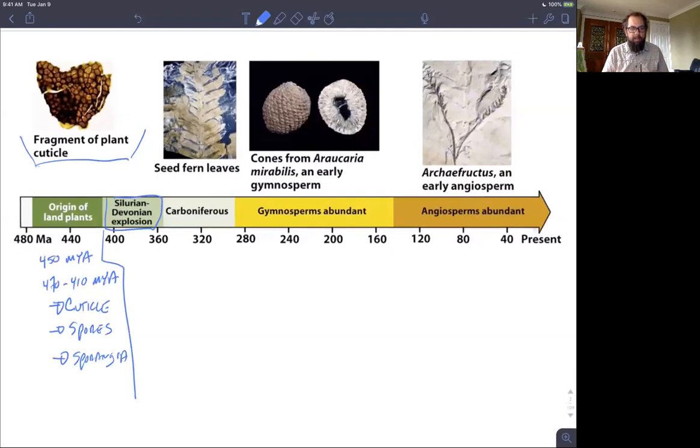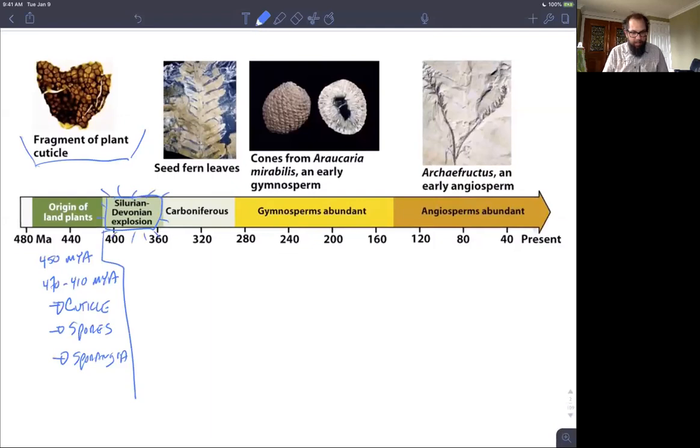I bring this up because what most people haven't heard about at this point is the Silurian-Devonian explosion that happened between 410 and 350 million years ago. This is equivalent to the Cambrian explosion for plants.